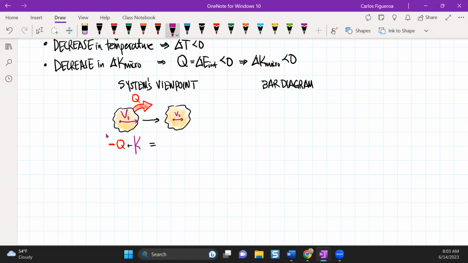And so what I'm seeing here is that this is decreasing the microkinetic energy to look something like this here. And where it really comes across strongly is the bar diagram. So if I look at my bar diagram, I know that I have to have a decrease in microkinetic energy.